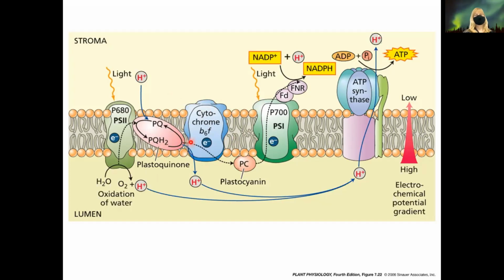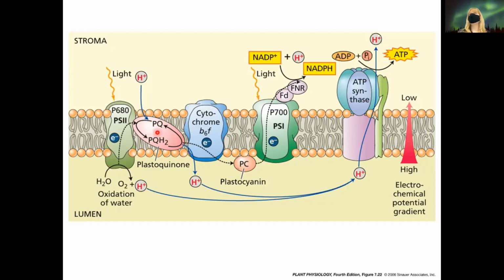The point I was trying to get to is that there are steps in this process where, I put down in the PowerPoint slide, repeat. We have to think about plastoquinone in particular, that two-electron gate.